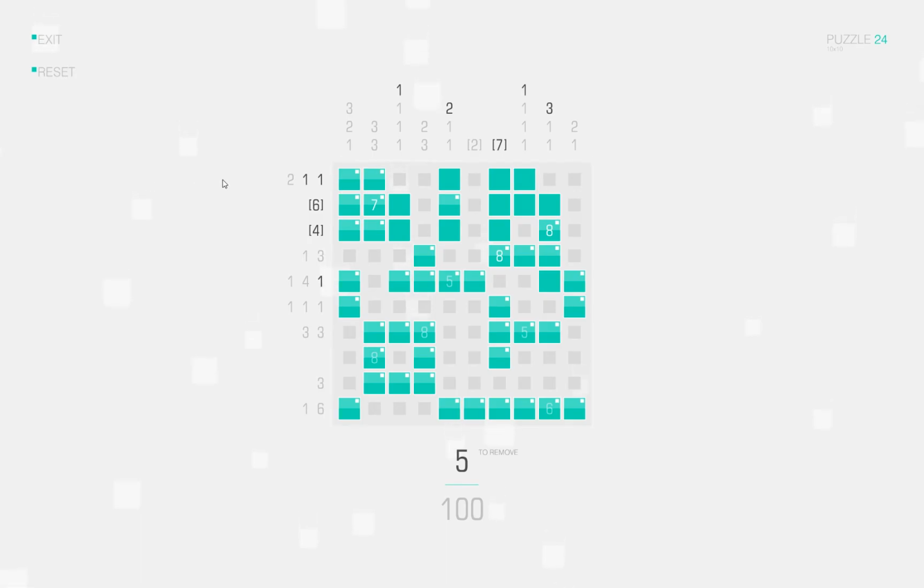Here in this row we have 2 and a 1 and 1 somewhere. Here we need this column, we need 2 and nothing else. In this row we need 1, 4, 1, we have 1, we have 4, we have 1, we disconnect here.